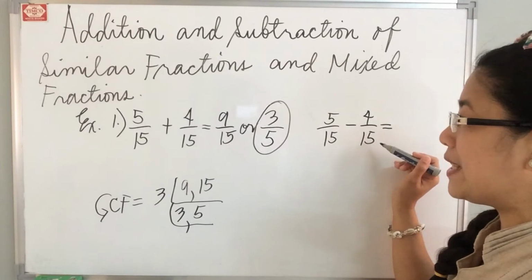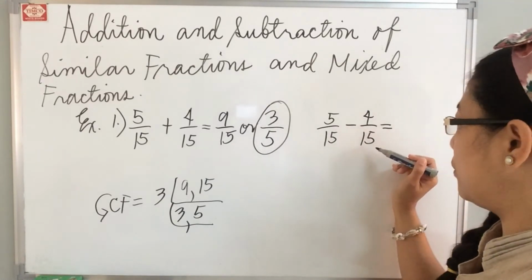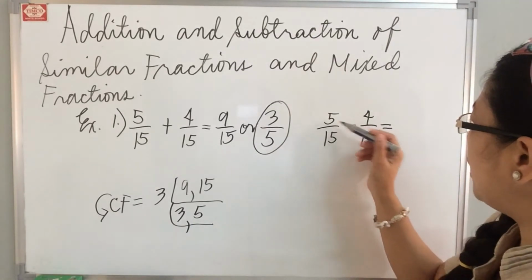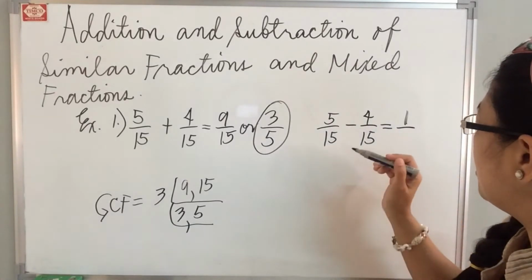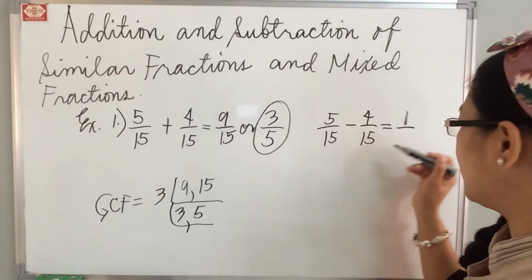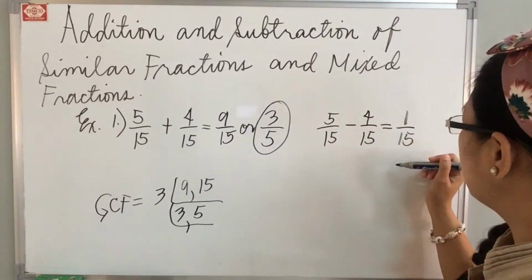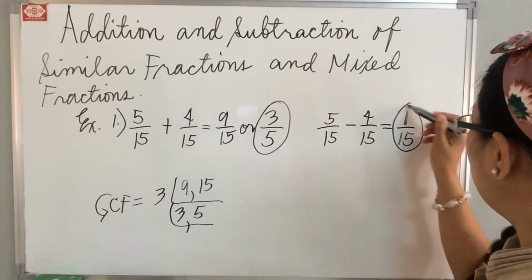So the rule is we just have to add or subtract. So let's subtract the numerator. 5 minus 4, that is equal to 1 over, what will you do with the denominator? Just copy it. Okay, so 15. So it's already in the lowest term, no? So this is the final answer.